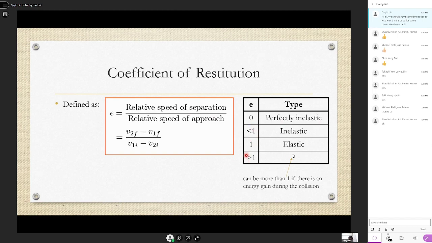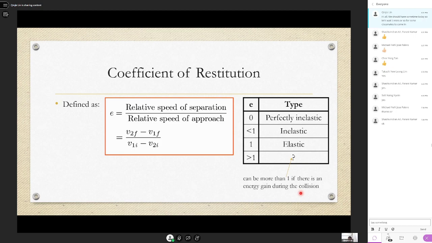And then in some special case, you'll get some values more than one. How is that possible? How can two things collide, then the relative speed of separation becomes so high? It can only happen when there is energy gain into the system. So if you have something collide, then in that system, there is energy injected into these particles to give them a lot of energy such that the particles shoot away from each other at a much higher speed.